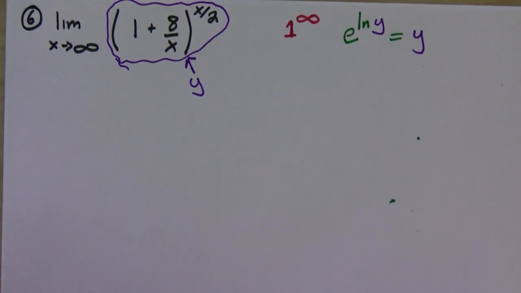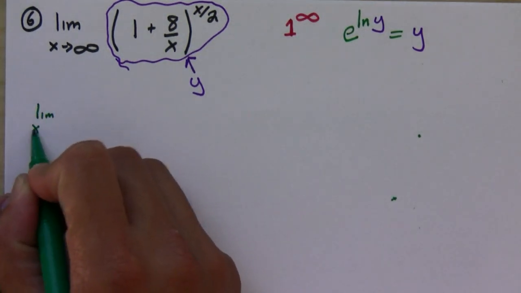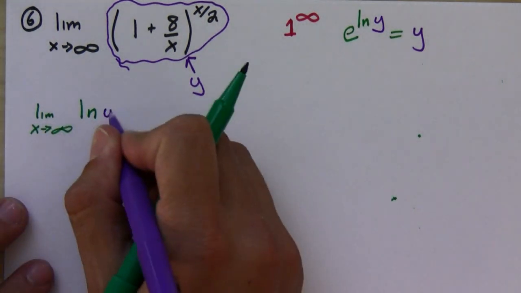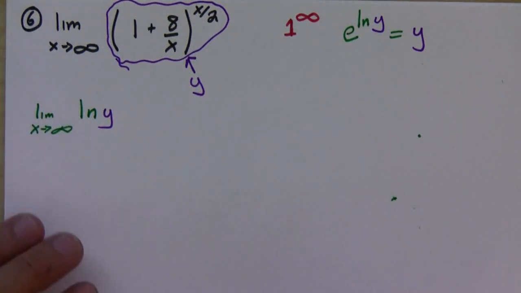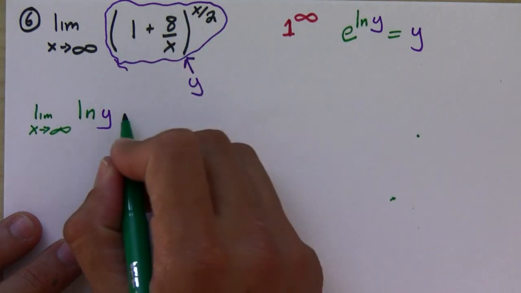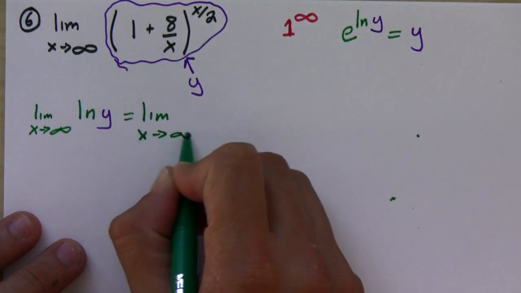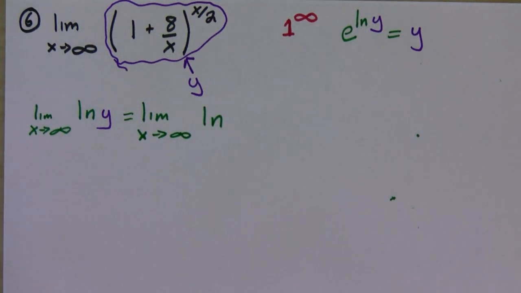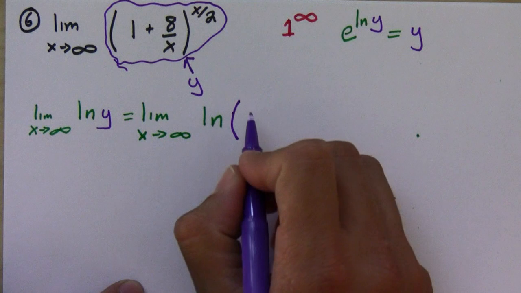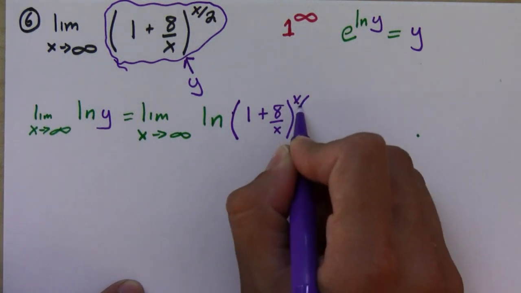What we're going to find first is the limit as x approaches infinity of natural log of y, because this is going to allow us to move the exponent down. So this is equal to the limit as x goes to infinity of natural log, and y is all this stuff inside the purple bubble. So I have 1 plus 8 over x raised to the x over 2.